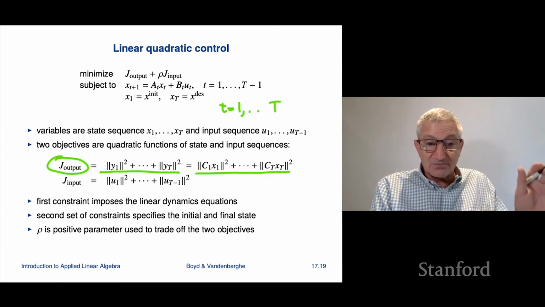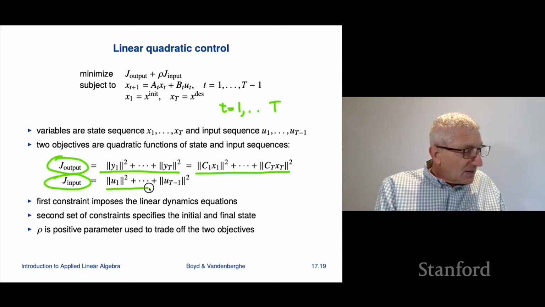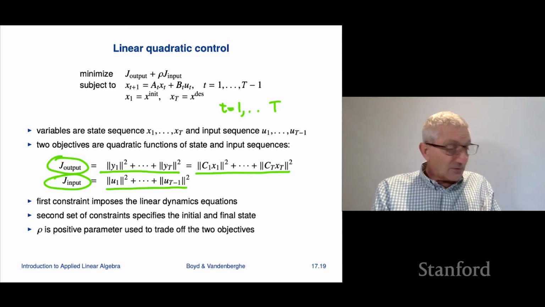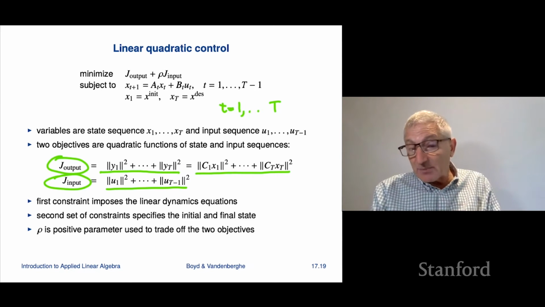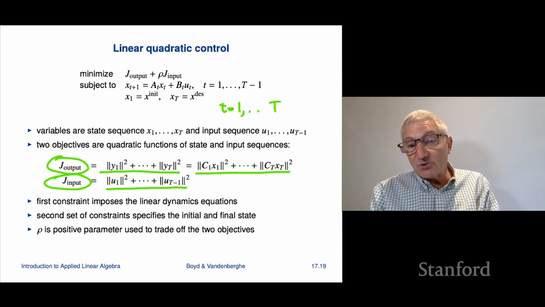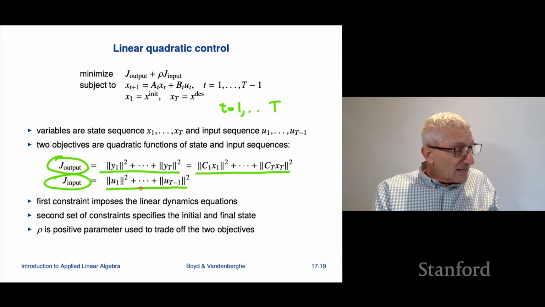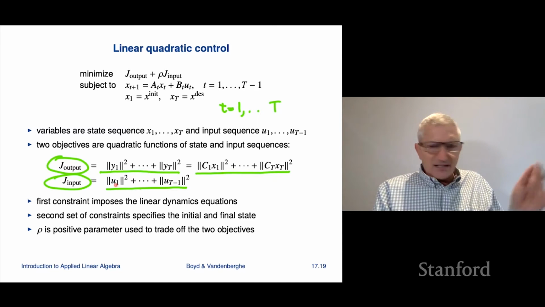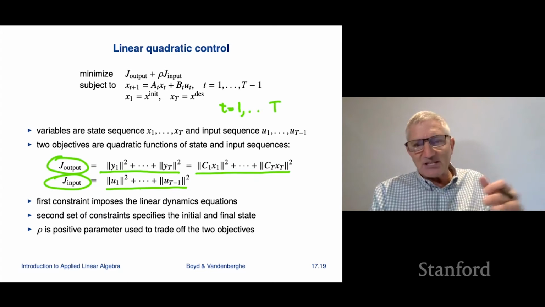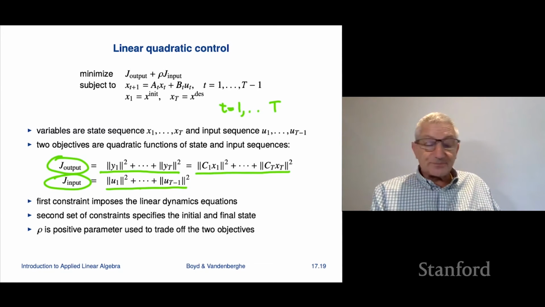Small means everything's cool. And the second objective is the sum of the norm squareds of the inputs. Remember, the inputs only go up to capital T minus 1 because that's the last input that matters to x_T. This is like the input energy, but it doesn't matter. So these are the two things, and you want both of them small.